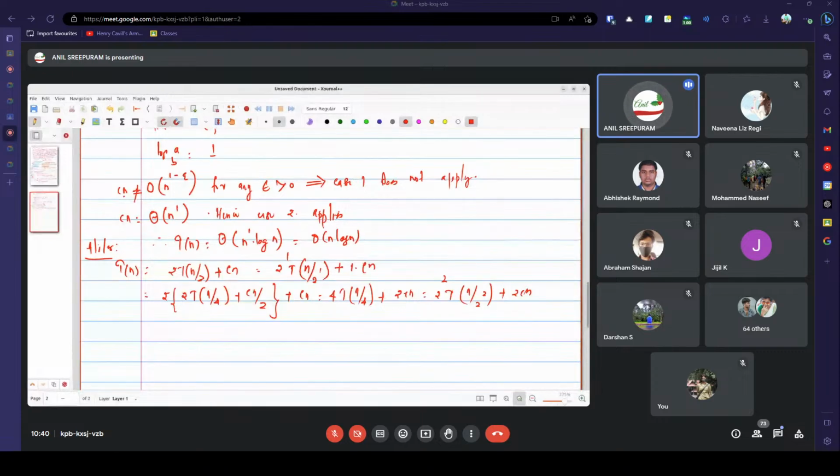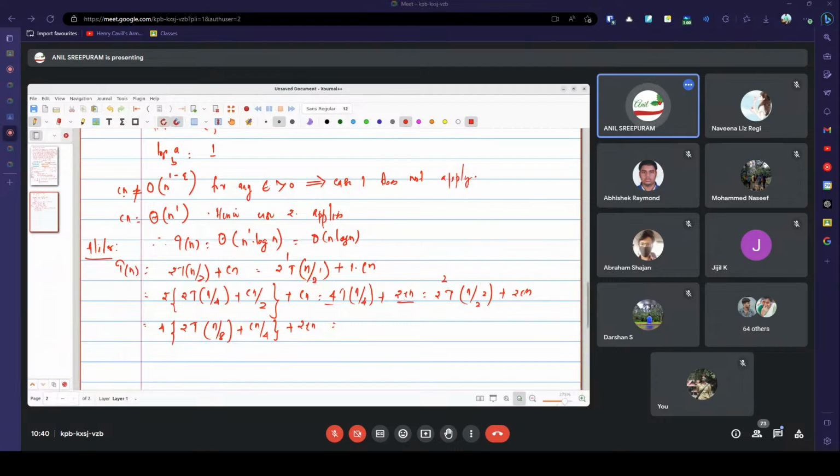If you write it once more, take this 4T(n/4). Again T(n/4) can be written as 2T(n/8) plus Cn/4, replacing n by n/4. So that plus the remaining part, that is 2Cn.